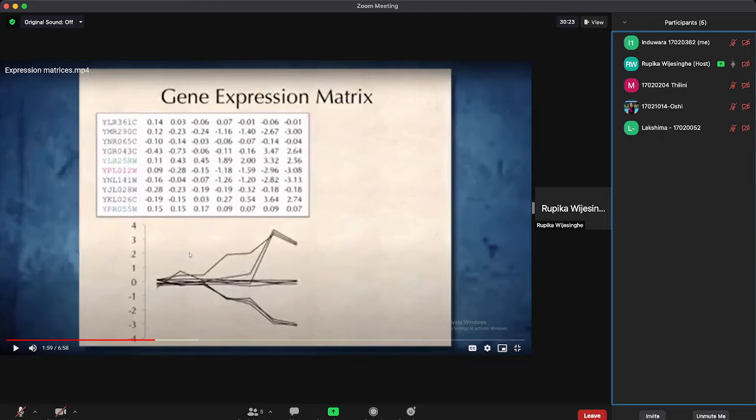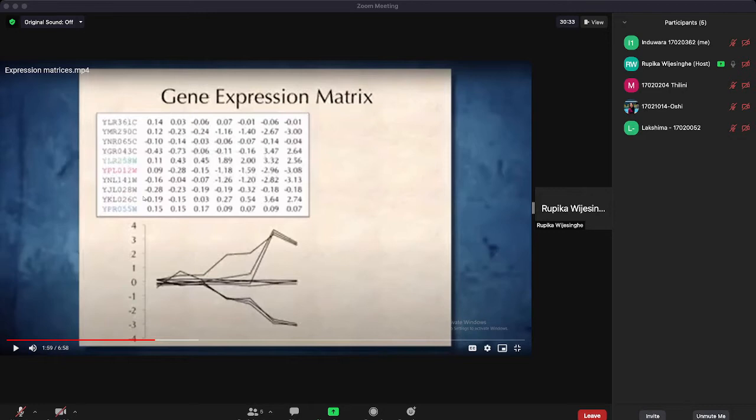we have 25,000 records, with the genes in rows.